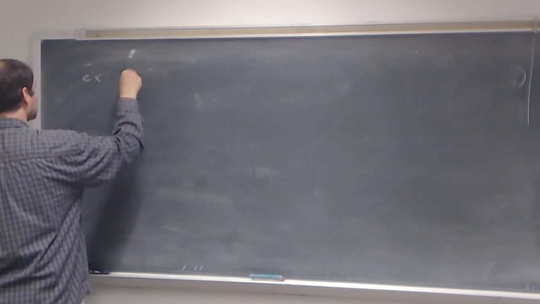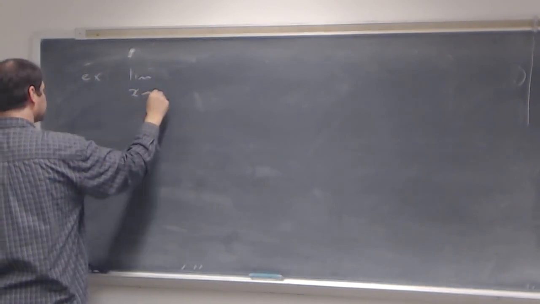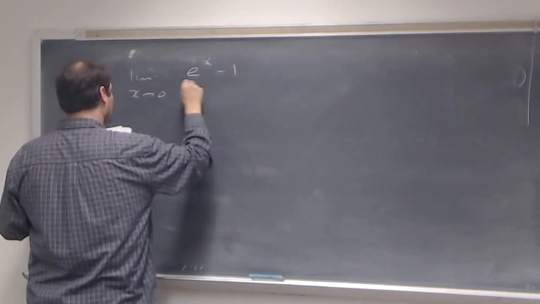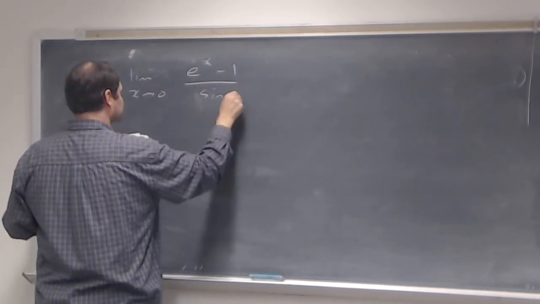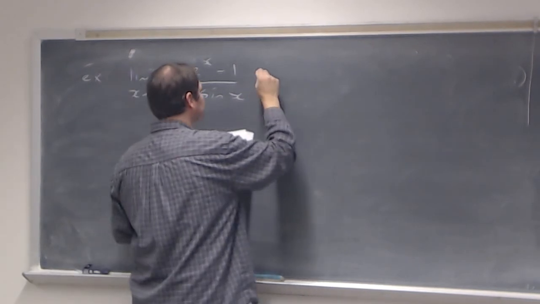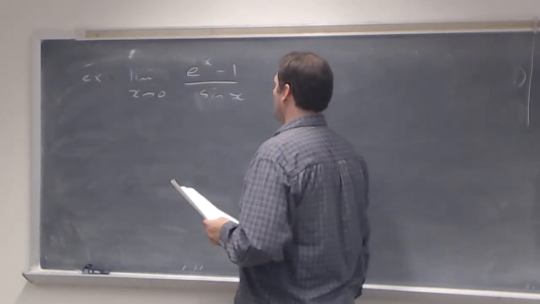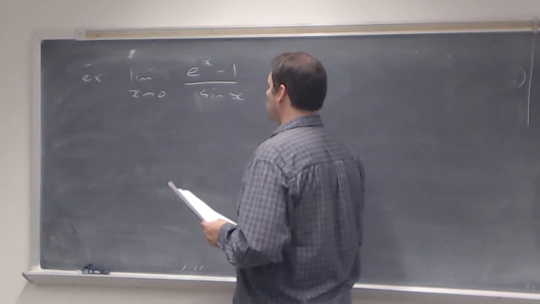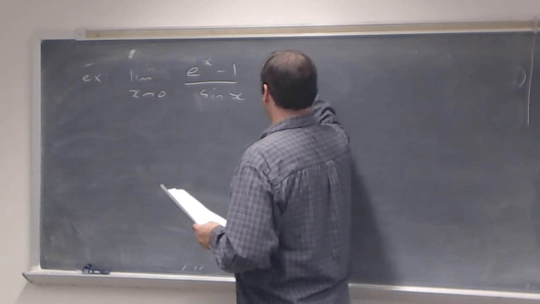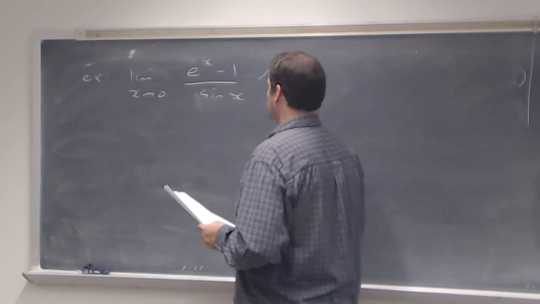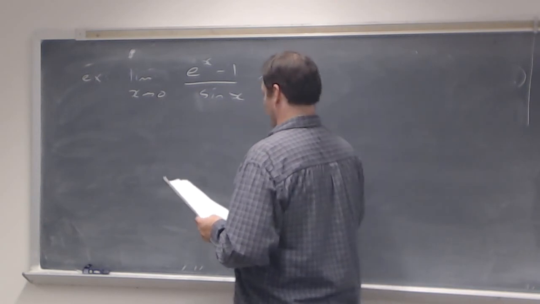But here, as an example, we take the limit as x goes to 0 of e to the x minus 1 over sine of x. And when we do this, as x goes to 0, e to the x goes towards 1. And then 1 minus 1 goes towards 0. So this goes to 0, and sine of x as x goes to 0 is 0.